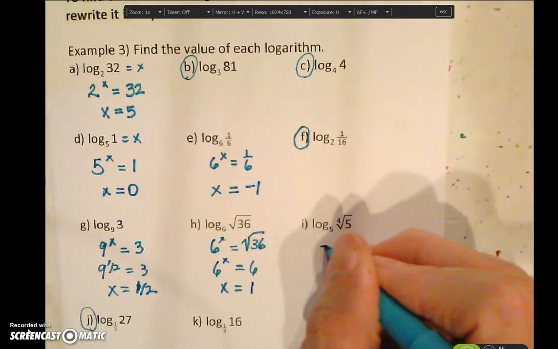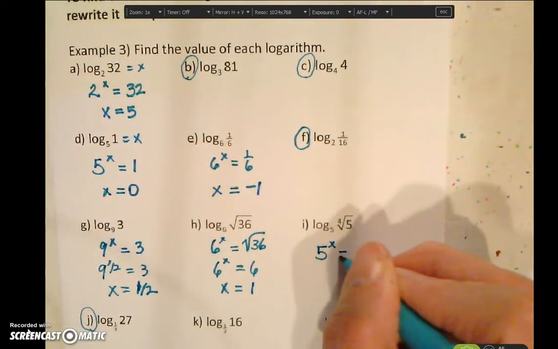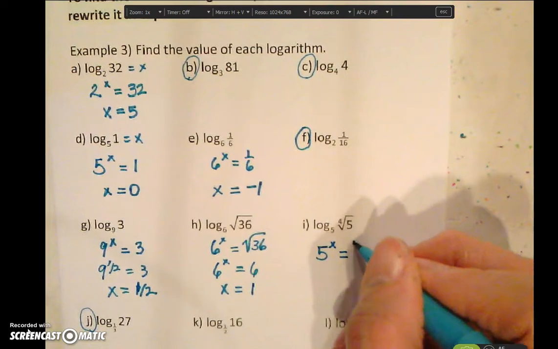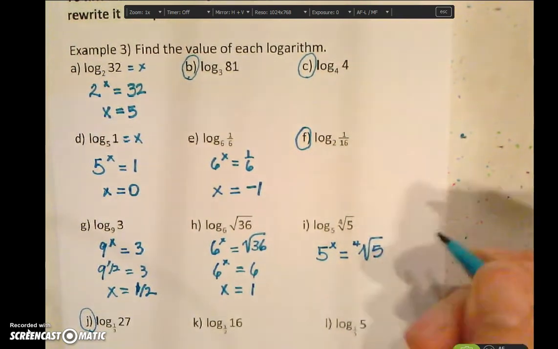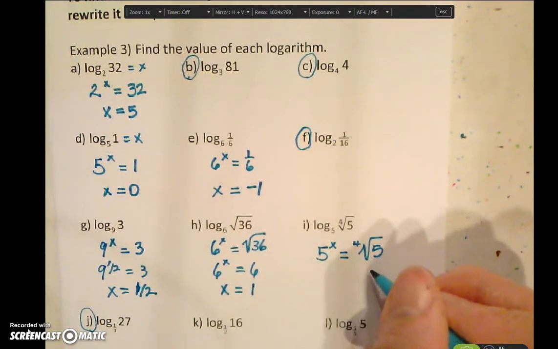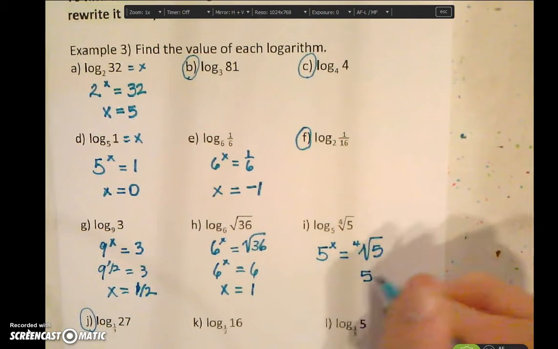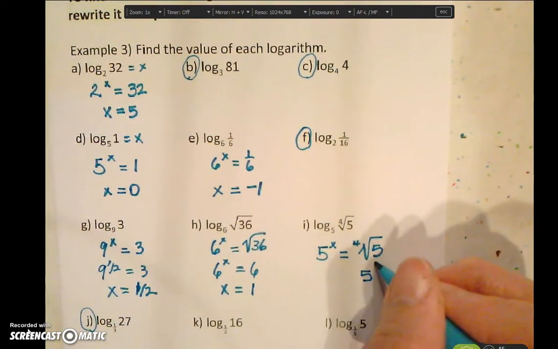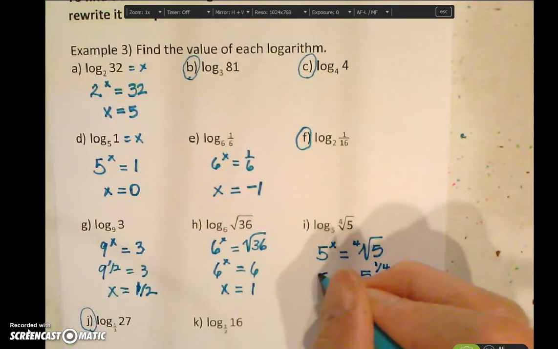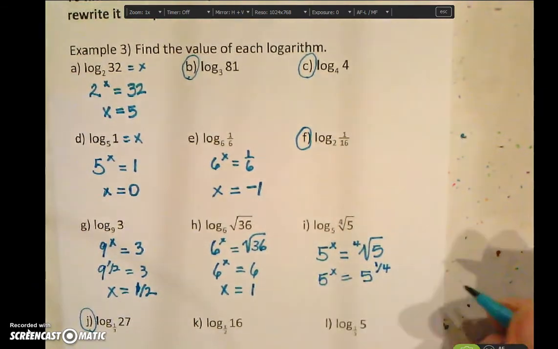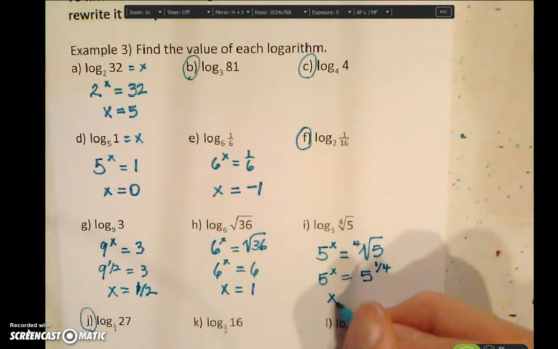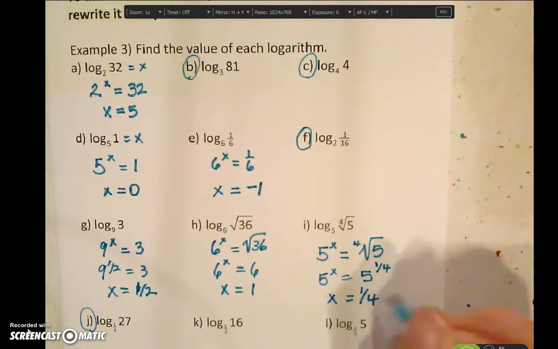Here I have 5 to some power is equal to the 4th root of 5. Remember that with radicals, we say 5 to the 1/4 power. So 5 to the x is equal to 5 to the 1/4. So x is equal to 1/4.